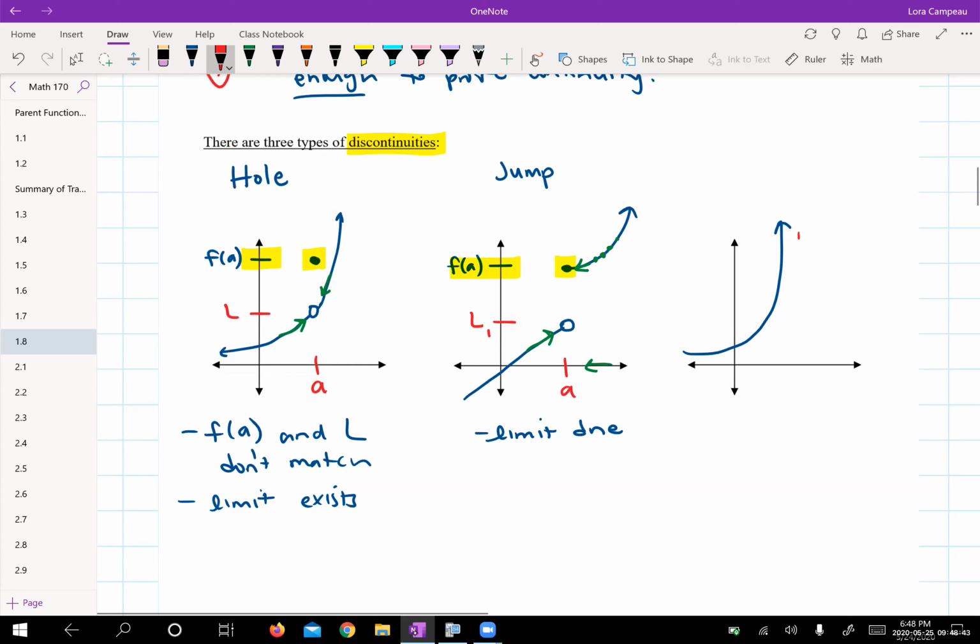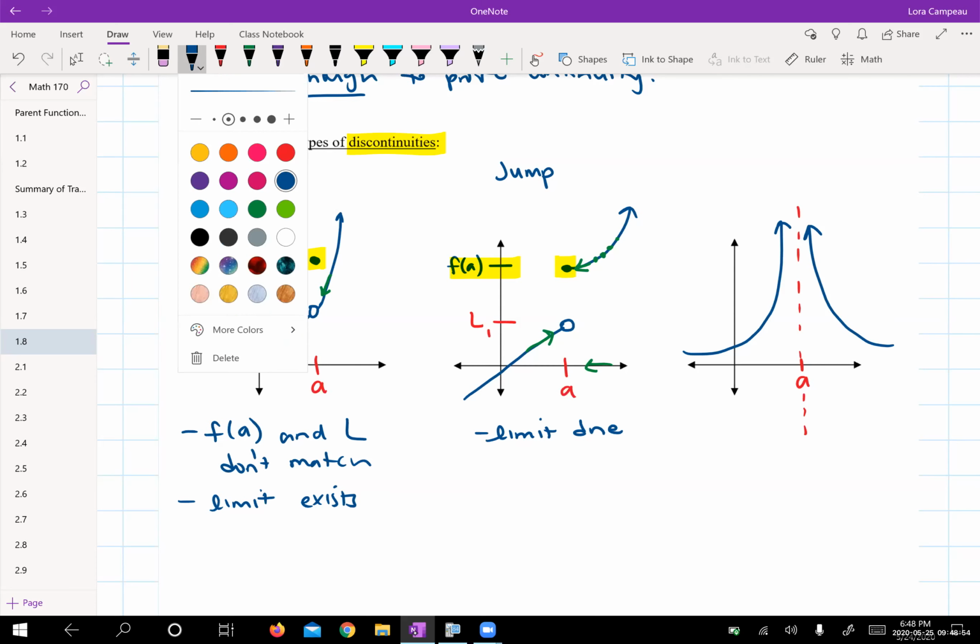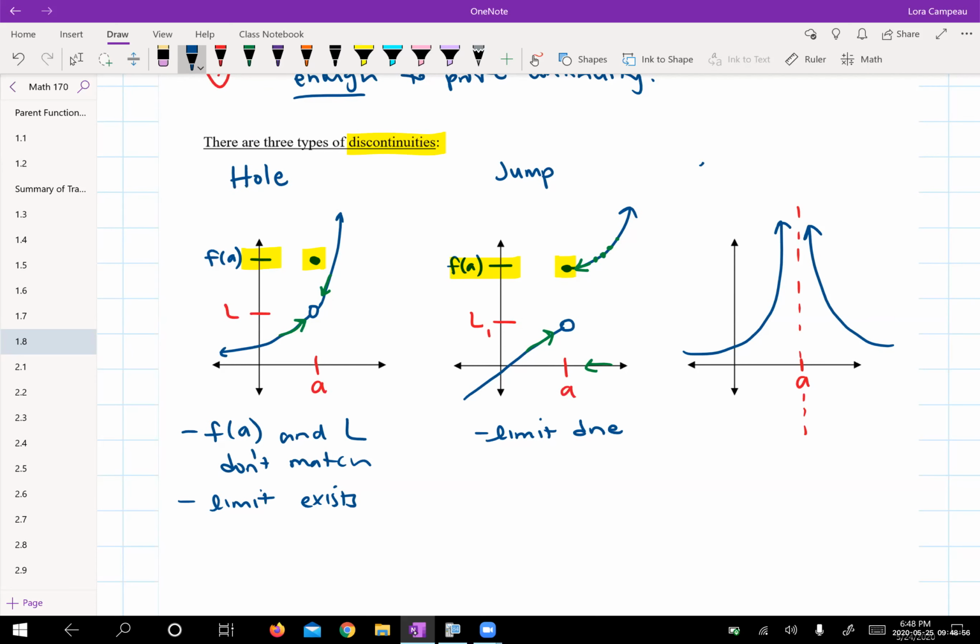But let's say we have something you might recognize. Let's say we have a vertical asymptote. I'll label that for you. If you play around with talking about the limits, it is clear that the function evaluated at a does not exist.